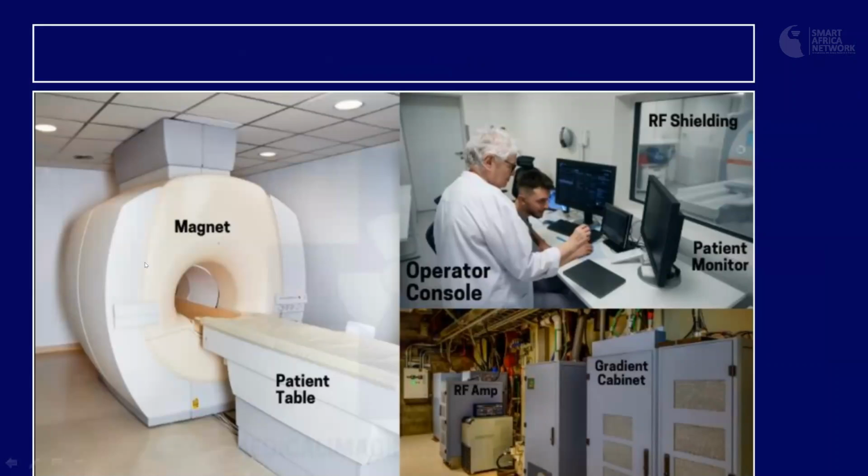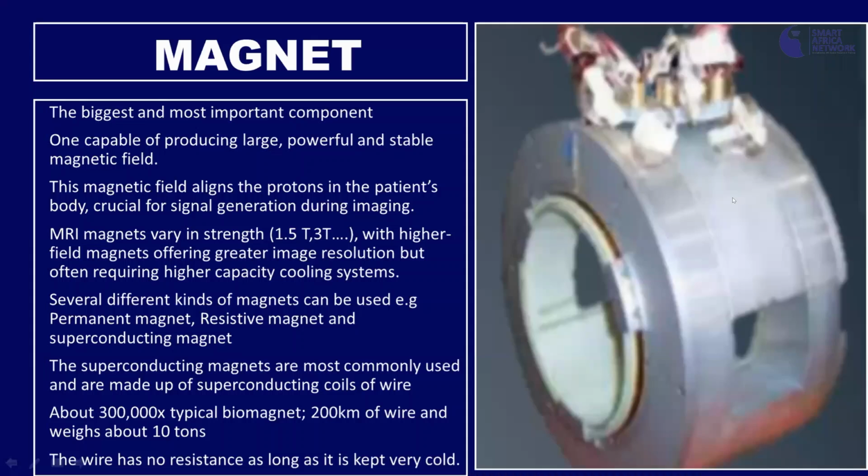Within this bore, you have the gradient coils, the RF coils, and this is the patient table, and these are the gradient cabinets, the radio frequency amplifiers, and then this is the operator console and RF shielding around the room and also around the machine.